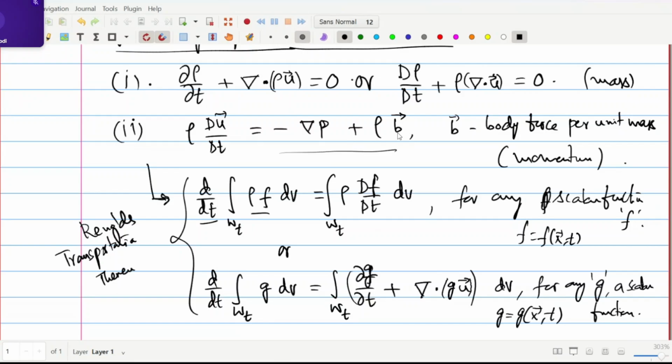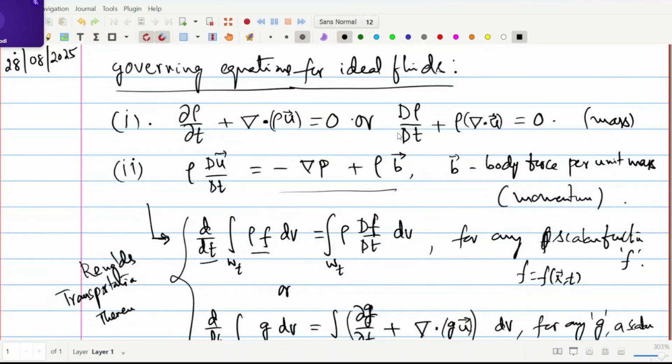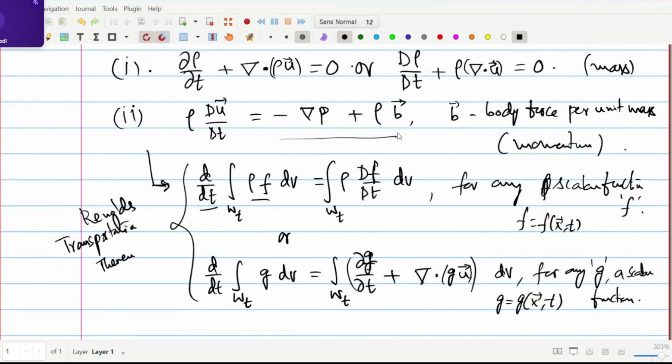If you look at these equations, what are the unknowns here? Rho is unknown, U is unknown, P is also unknown. Where is F? F is different. This is true for any F. That is not your fluid equation.